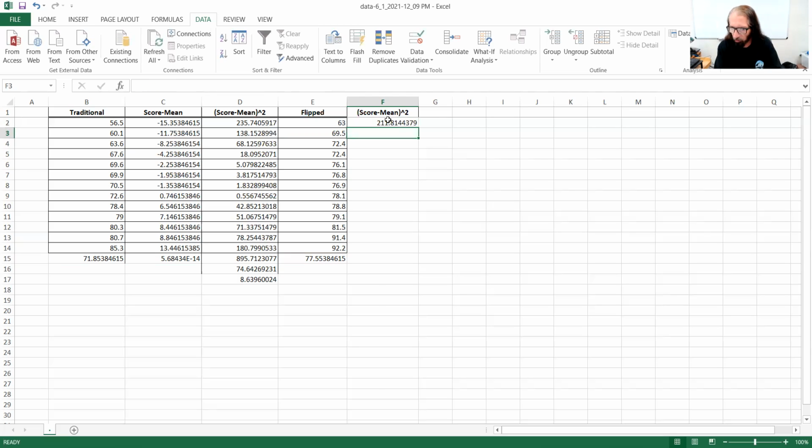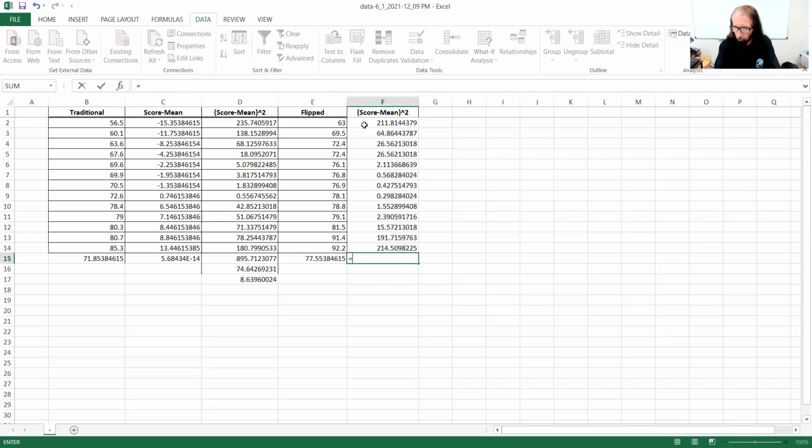Now all of these are going to come out to be non-negative. Get our sum here. Again, I'm just speeding this up for the sake of presentation, but it's what we would be doing by hand. Okay, so let's see here.